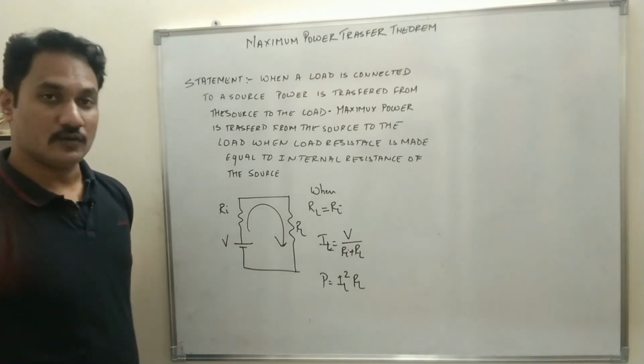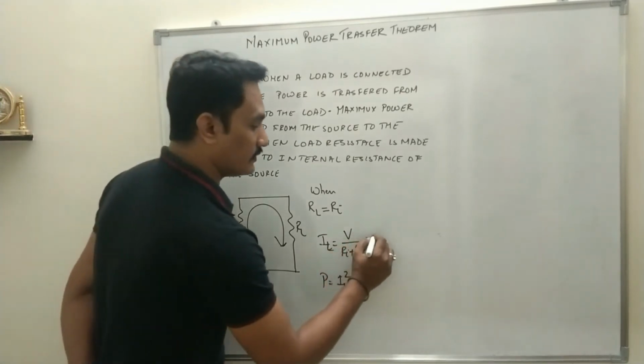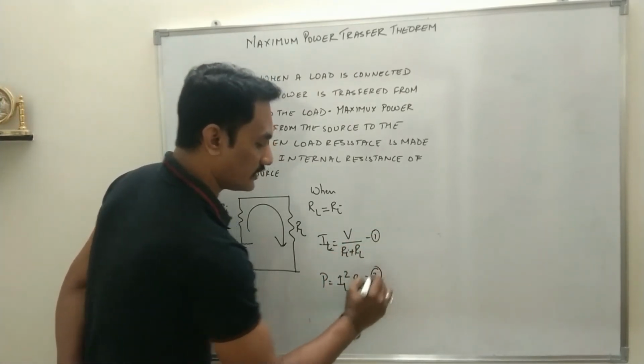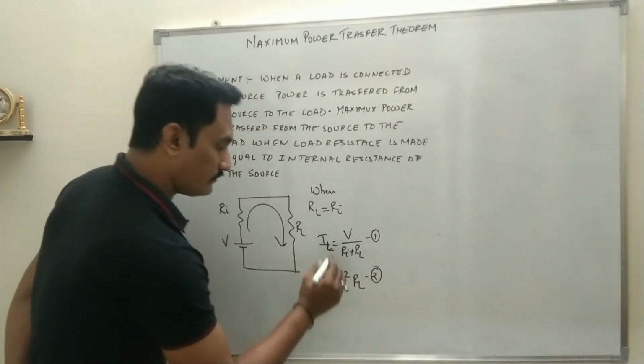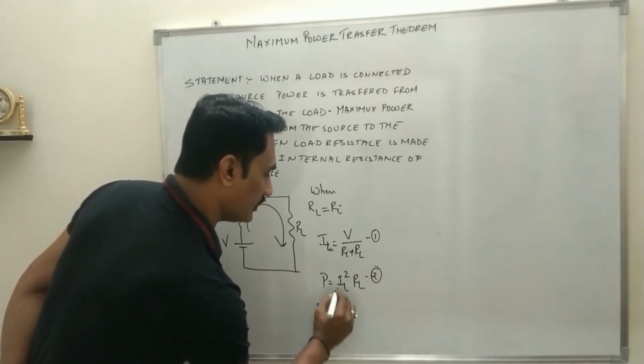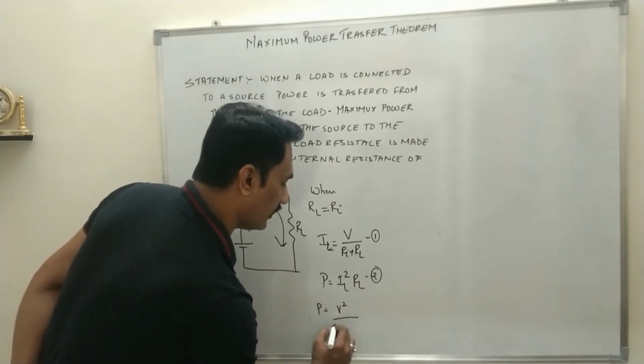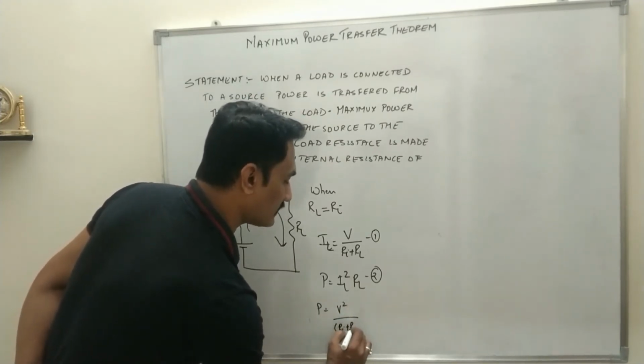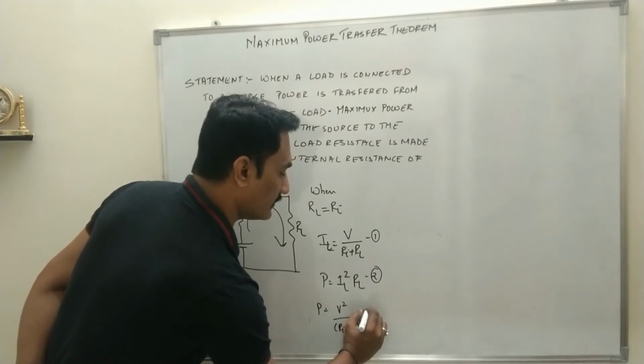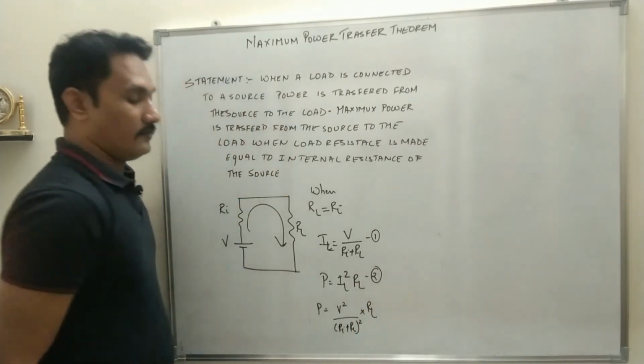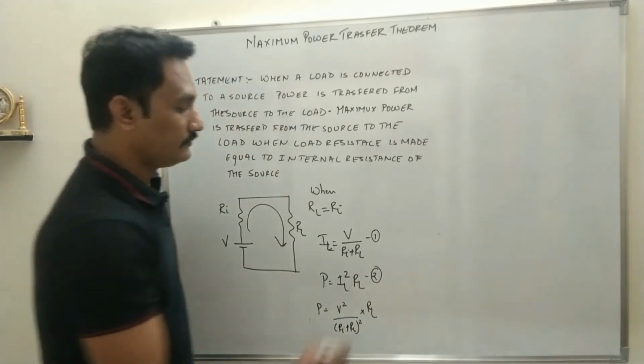So it will be P is equal to I square RL. Let this be equation number 1. Let this be equation number 2. So the formula will be P is equal to V square upon (Ri plus RL) whole square, multiplied by RL.